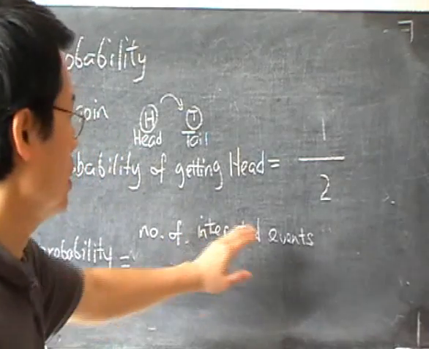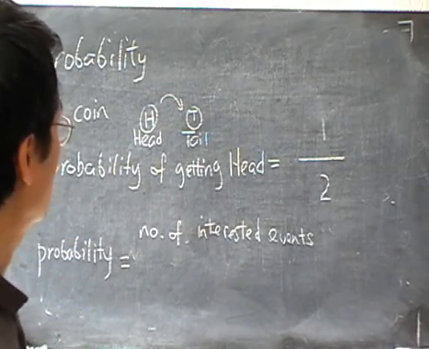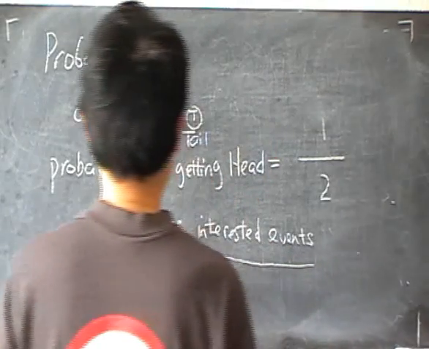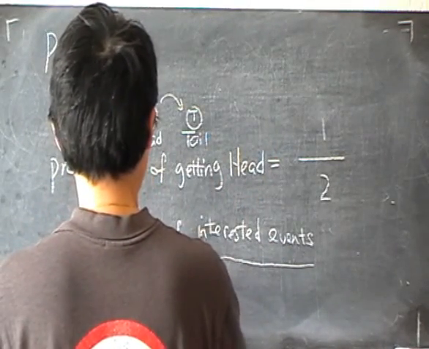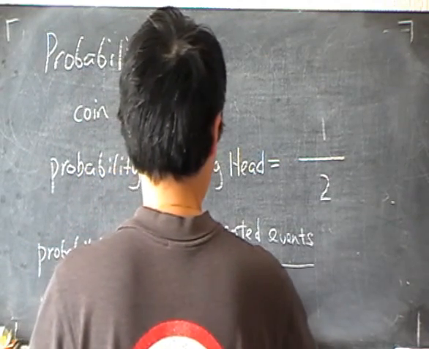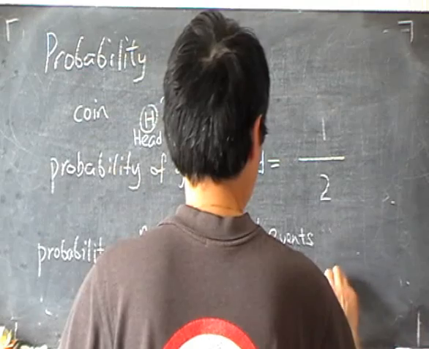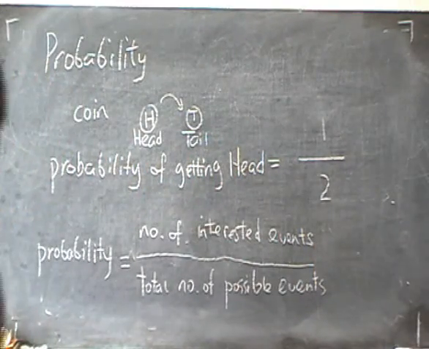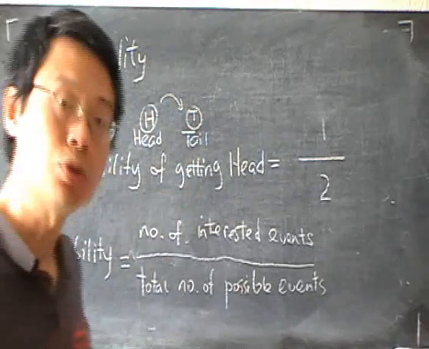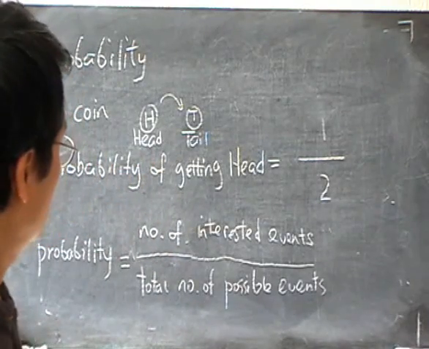The number of interested events, those that we are interested in, like in this case the head, which is just one of them, divided by the total number of possible events. And in this example of the coin, there are two. There are only two possible events, the head or the tail. You can't have anything else when you toss a coin.